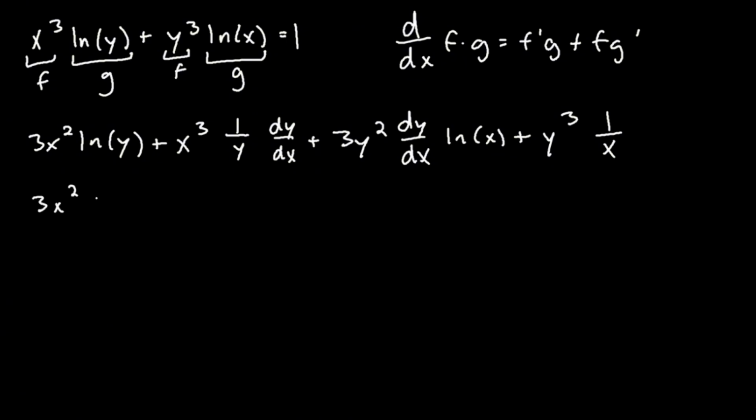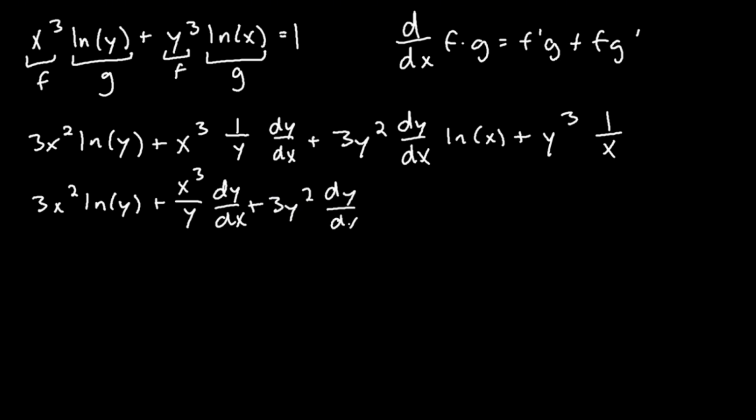So we get 3x squared ln of y plus x cubed over y dy over dx, plus 3y squared dy over dx ln of x, plus y cubed over x is equal to 0. Right? The derivative of 1 is just 0.